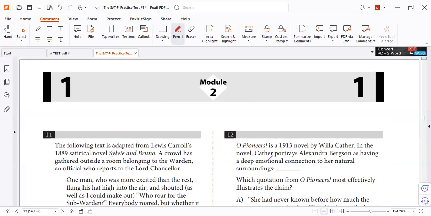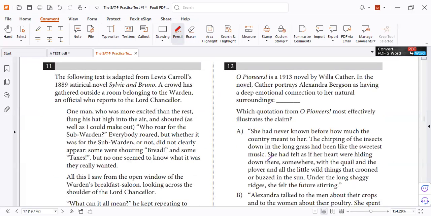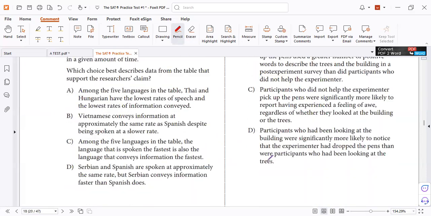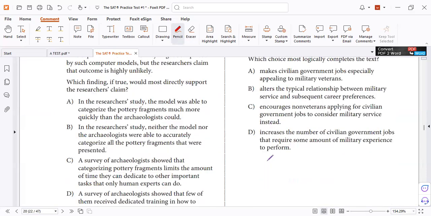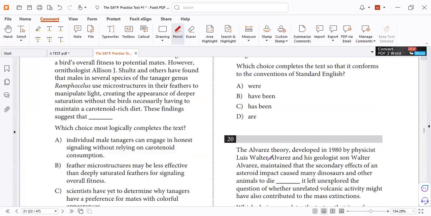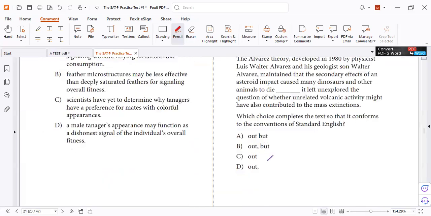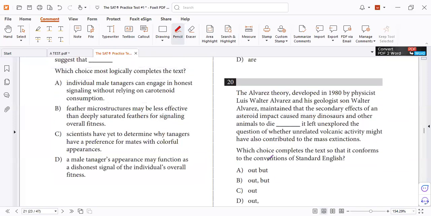Second job. Let's find them. Here, number 20.